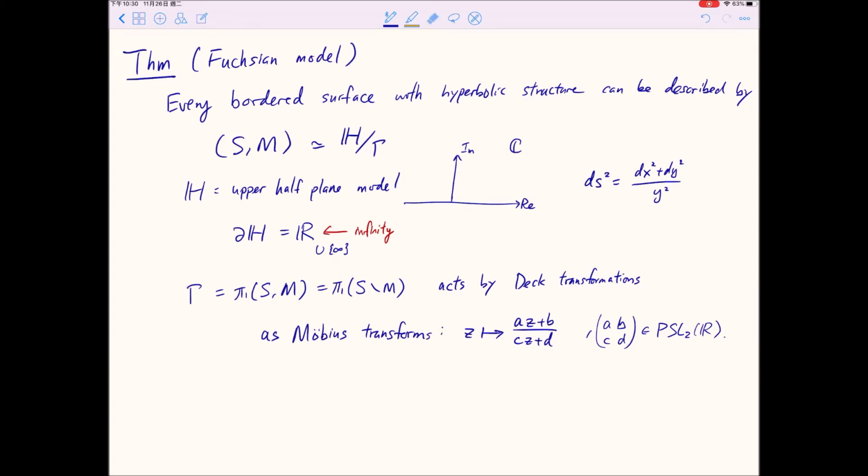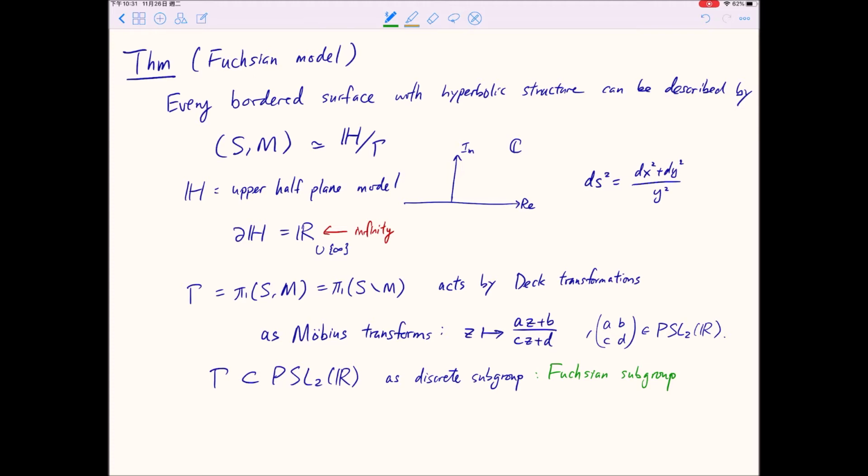Right, so this means that the fundamental group can be realized as a discrete subgroup of PSL2R. And this discrete subgroup is known as a Fuchsian subgroup. So this is a realization of your surface.